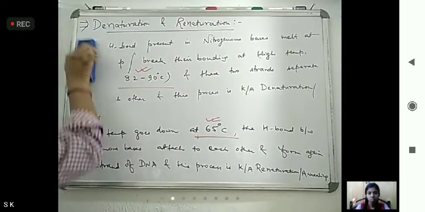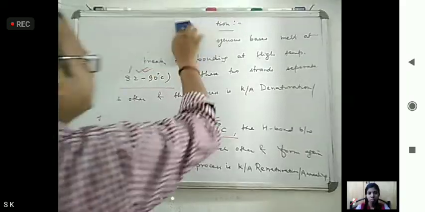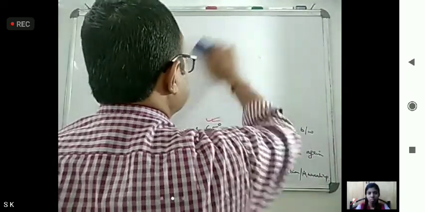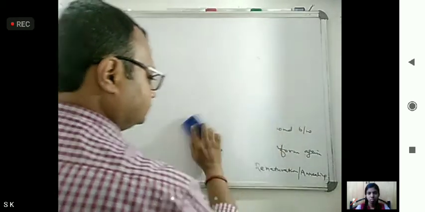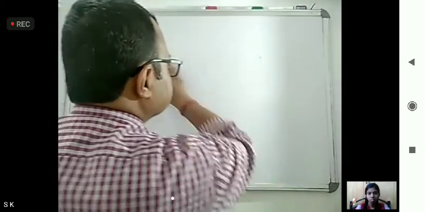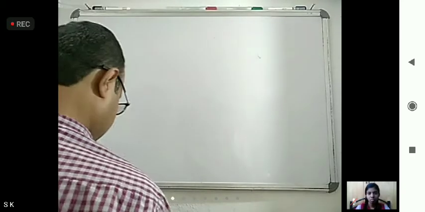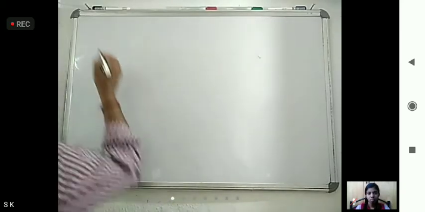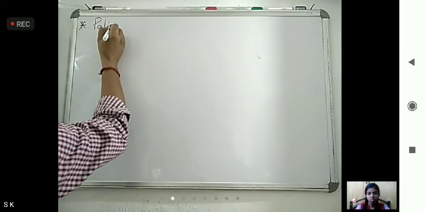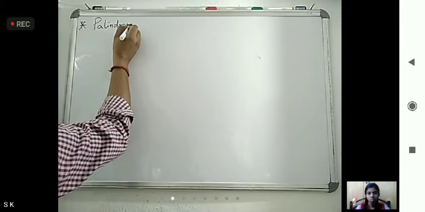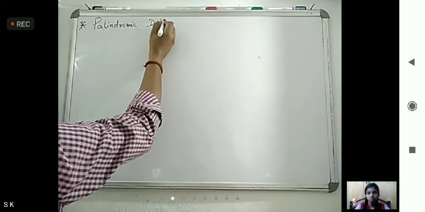Now the next term is palindromic DNA. What do we mean by palindromic DNA?